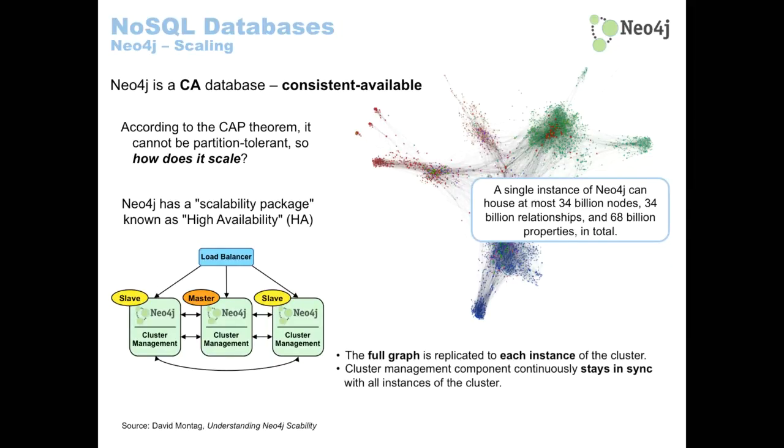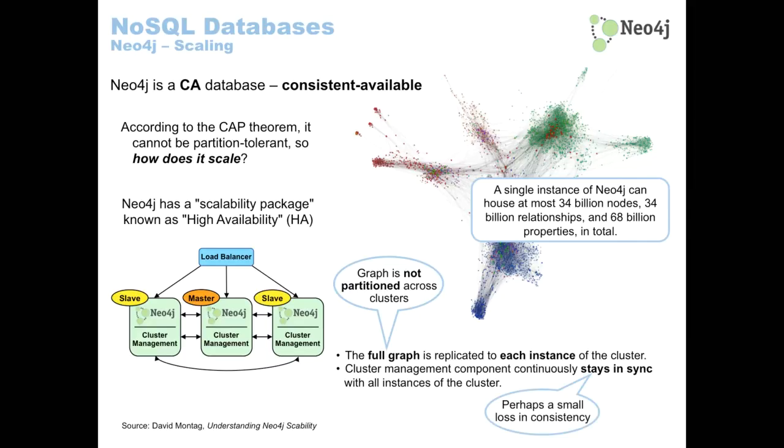But what they tell you is that the full graph is replicated to each instance of the cluster. And the cluster management component continuously stays in sync with all instances of the cluster. So the full graph says the graph is not really partitioned across clusters.